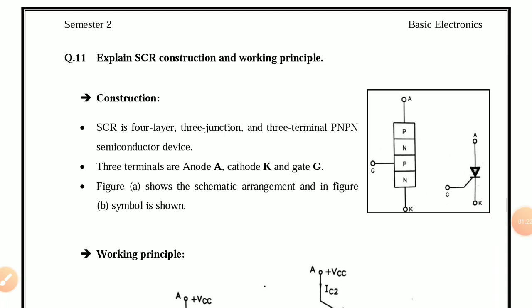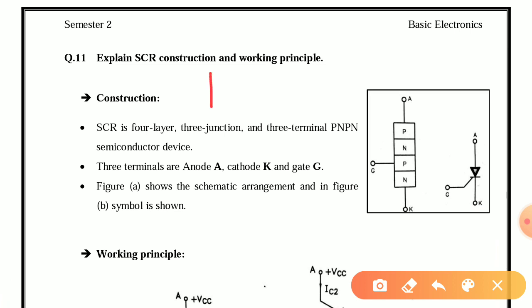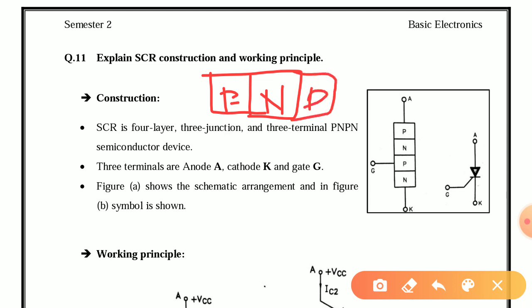Explain SCR construction and working principle. So let's see. Let me recall one semiconductor device, that is a PN junction diode. How is it made from P and N semiconductors? If P and N semiconductors are combined, then a PN junction diode is made. In transistor we have studied three semiconductor materials.